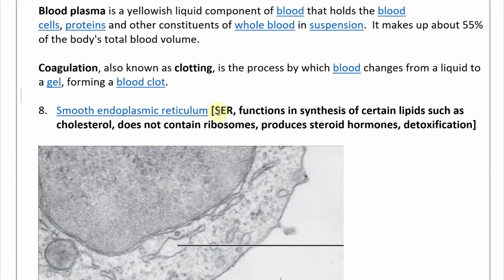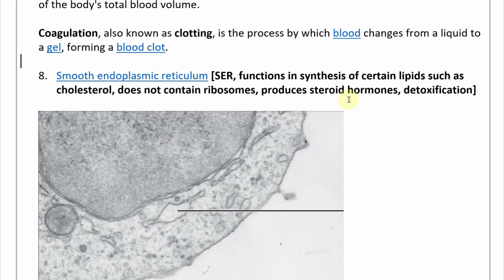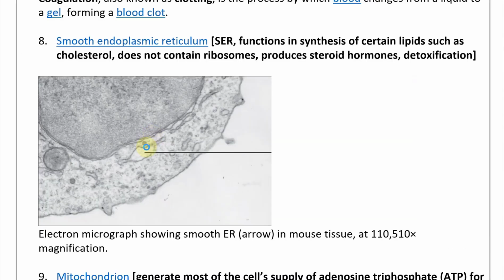The smooth endoplasmic reticulum, SER, functions in synthesis of certain lipids such as cholesterol, does not contain ribosomes, produces steroid hormones, and is also involved in detoxification. Here is the electron micrograph showing smooth ER, at the arrow right here, in mouse tissue at 110,510 times magnification.